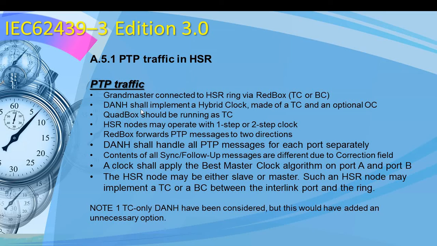A DANH shall implement a hybrid clock made of a transparent clock and an optional ordinary clock. The QuadBox should be running as a transparent clock. An HSR node may operate with a one-step or two-step clock.